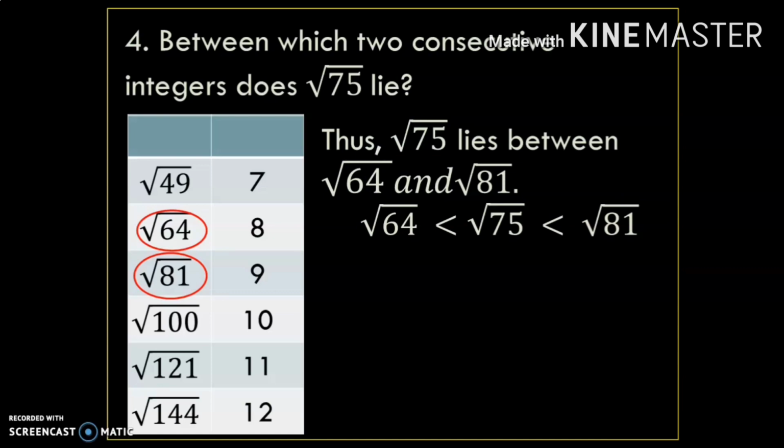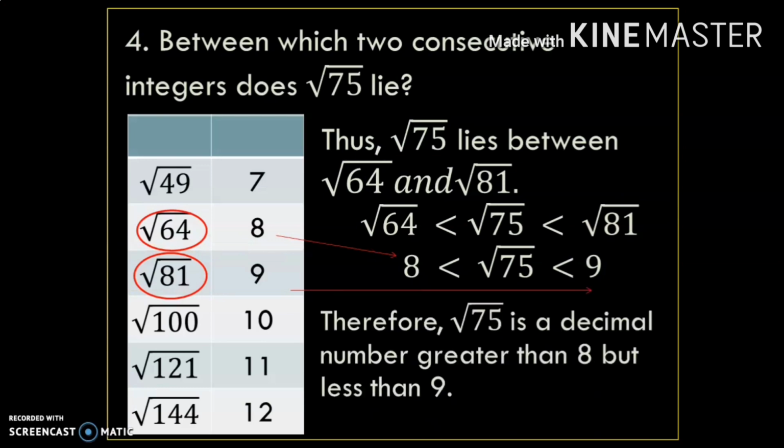And the square root of 64 is 8. Then, the square root of 81 is 9. So, square root of 75 is between the numbers 8 and 9. So, square root of 75 is greater than 8 but less than 9. Ano yung 2 consecutive integers na matatagpuan ang square root of 75? The answer is 8 and 9.